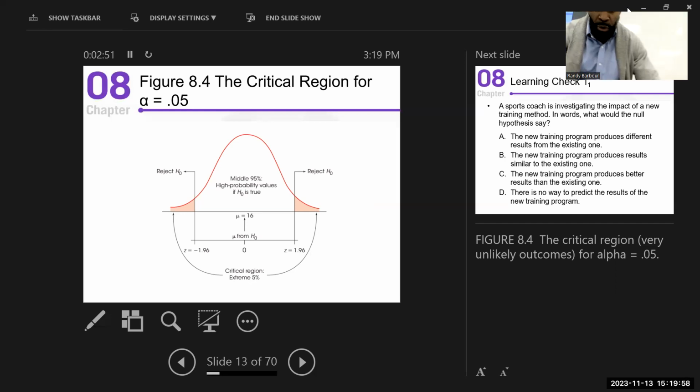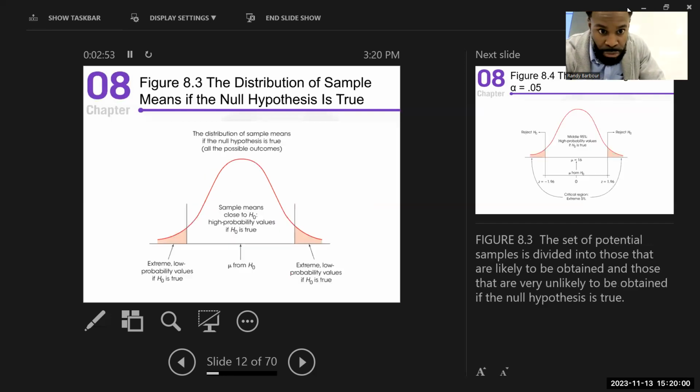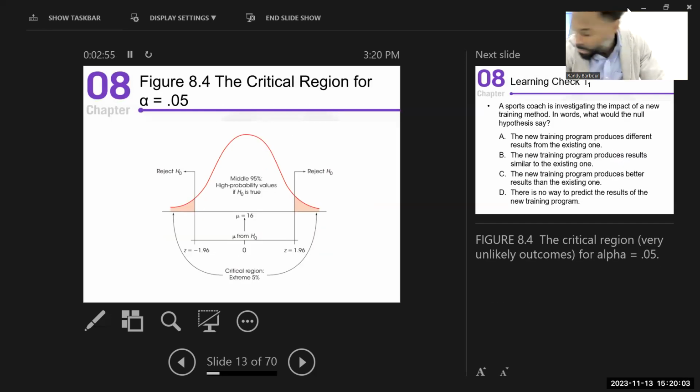If we go, I think I showed you. So for a 1% significance level, 2.33.